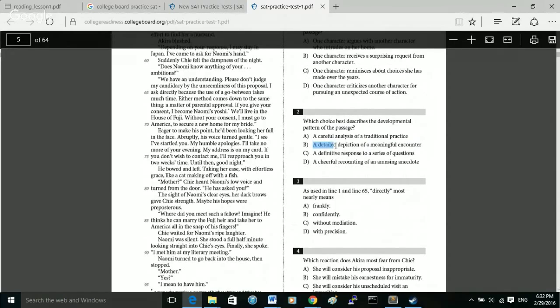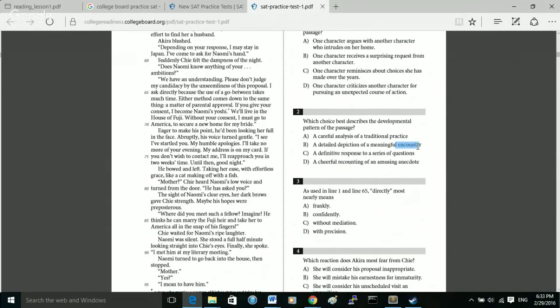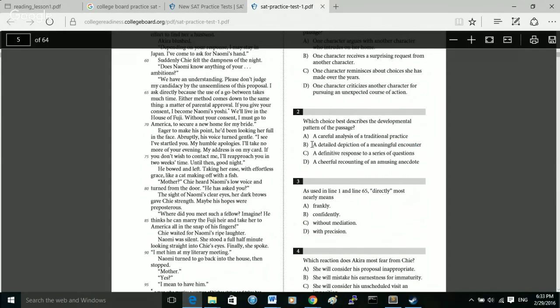It was quite detailed. There was a lot of descriptions, and was it a meaningful encounter? Perhaps. Akira was asking for Naomi's hand in marriage, so there's no direct evidence showing answer choice B is incorrect. So let's just leave that for now.